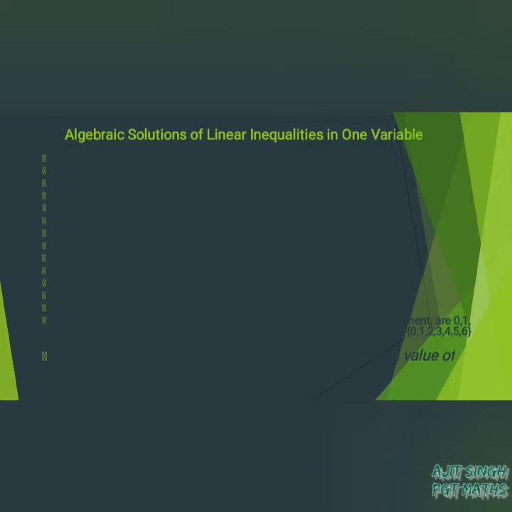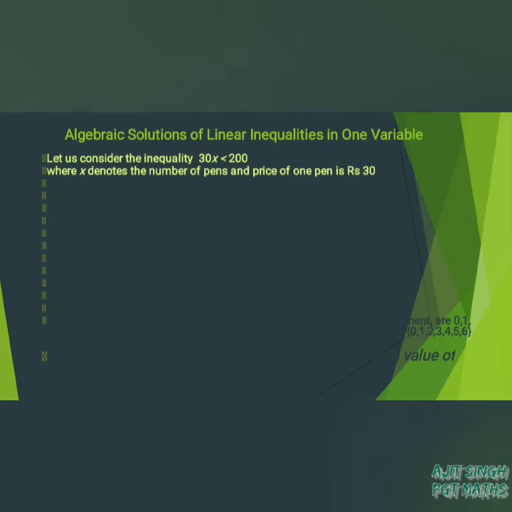Now the algebraic solution of linear inequalities in one variable. When we have to find the solution of any linear inequality in one variable, these are some steps to use. First, let us consider the inequality 30x less than 200, where x denotes the number of pens and the price of one pen is rupees 30.